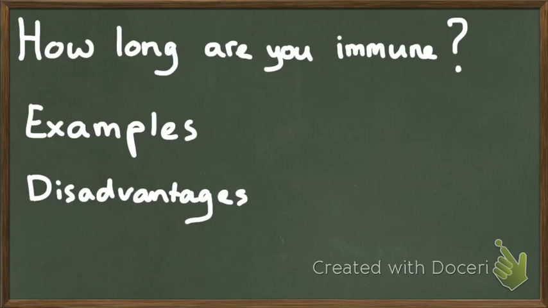Poor baby is so weak. This is how I want you to start thinking of what the advantages are and what the disadvantages are of each type of immunity. Natural active sounds the best of all, right? But we still have to get sick for it first. I wouldn't say that sounds that great.